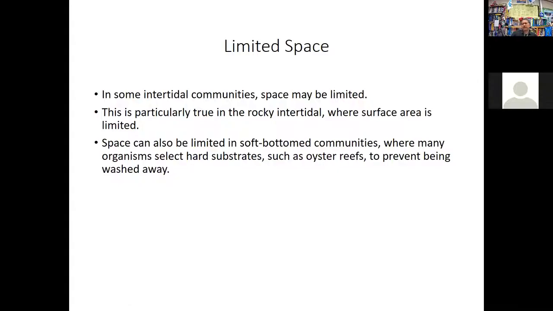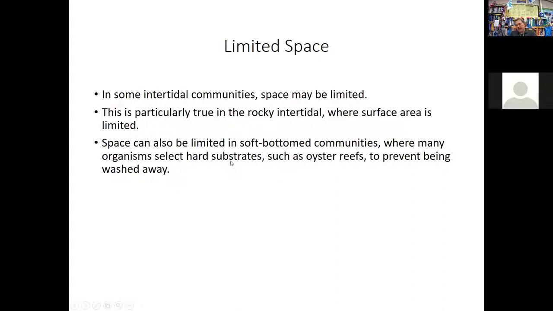In some intertidal communities, space may be limited. This is particularly true in the rocky intertidal, where surface area is limited. But that's going to also happen in soft body communities, especially when you have things like oysters and clams that are trying to stick to something that has more substance to it than sand, and they're doing that so that they can stay in one place.